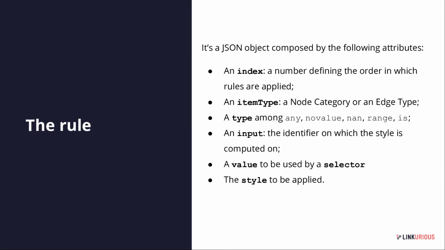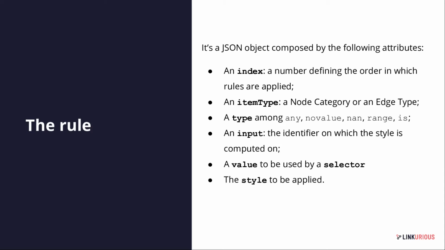Every styling rule is basically a JSON object that is composed of the following attributes. We can start with the index, that is the number that defines the order in which the rules are applied in a visualization. We have an item type that is the node category or the edge type.